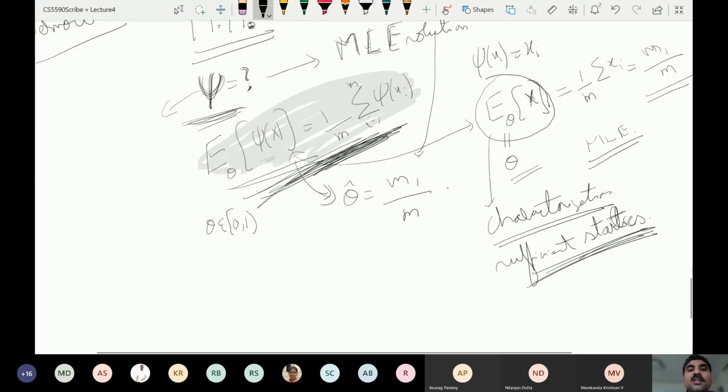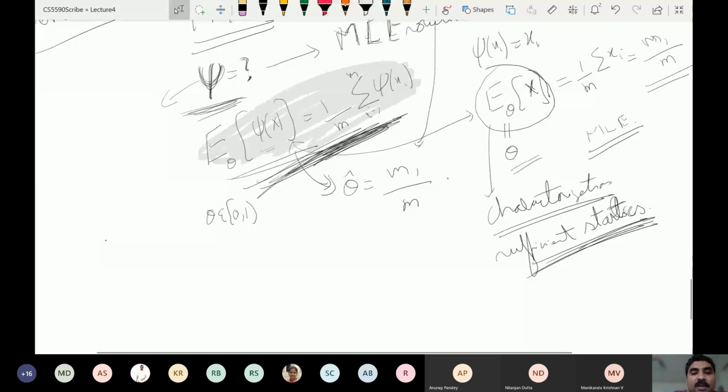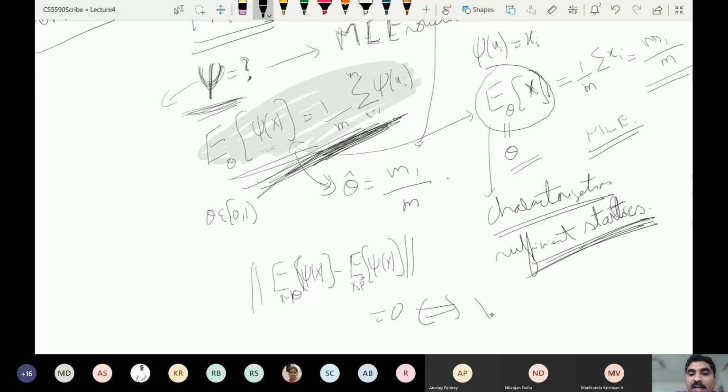So what are sufficient statistics? Those functions such that this happens: E theta of psi of x minus E of psi of y, where y is distributed as some other distribution p star and x is distributed as p theta, is 0 if and only if the distribution p theta is equal to p star.